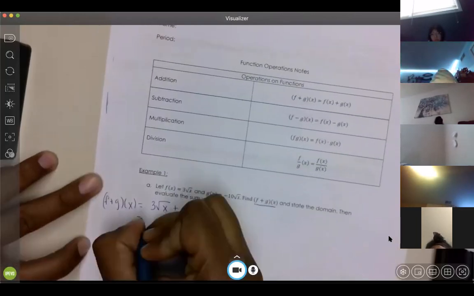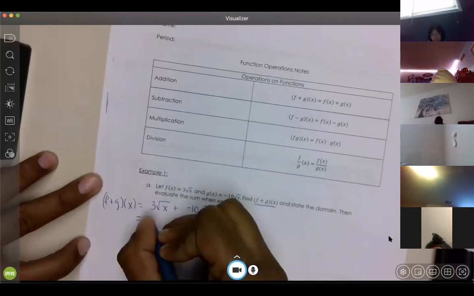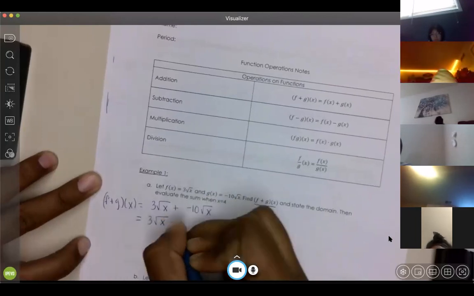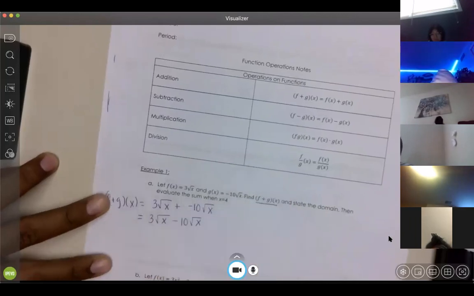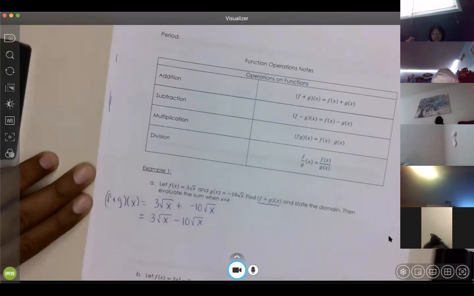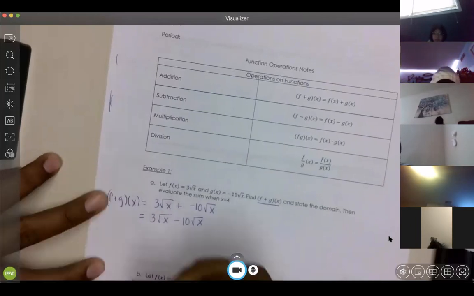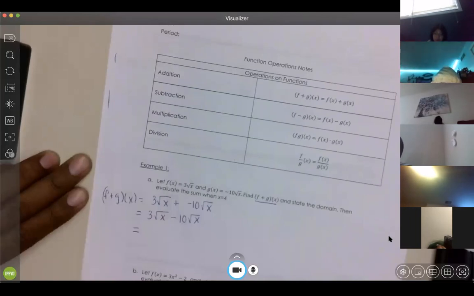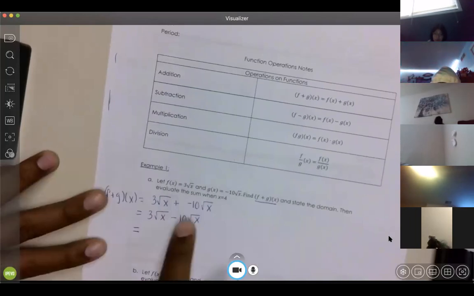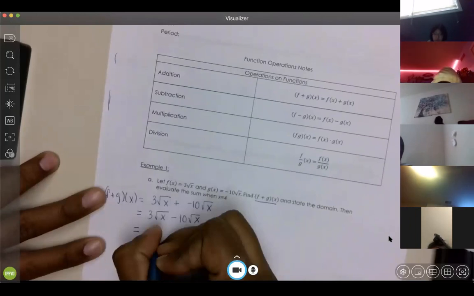You don't need to write a plus a negative. We can just rewrite that as a minus. So 3 square root of x minus 10 square root of x. And then anytime we add or subtract radicals, we combine the coefficients. So 3 minus 10 is negative 7, and then keep the radical.